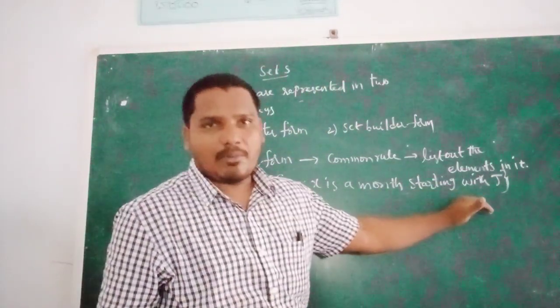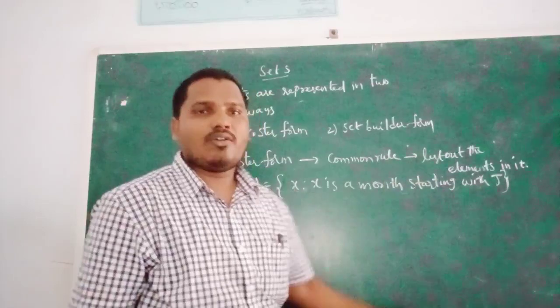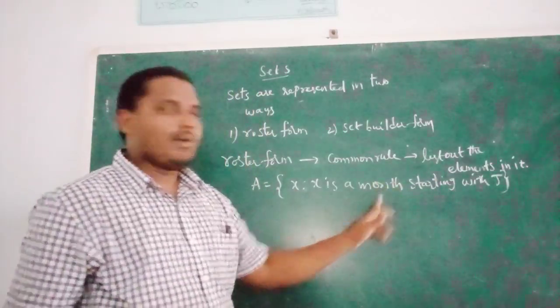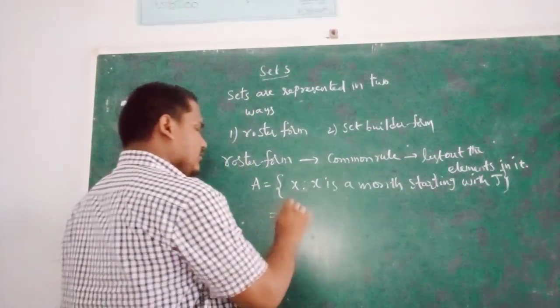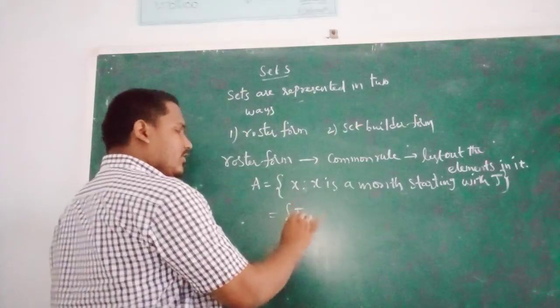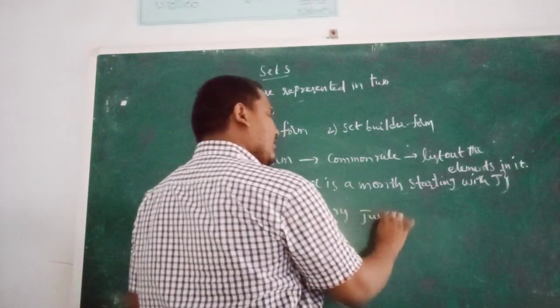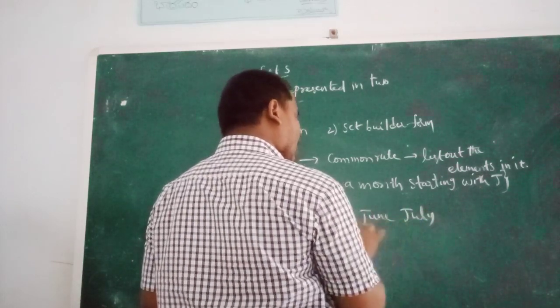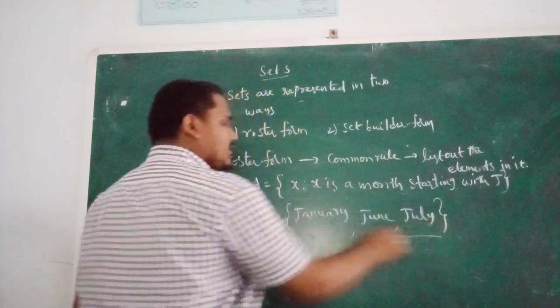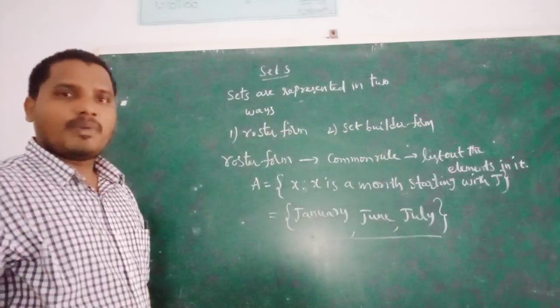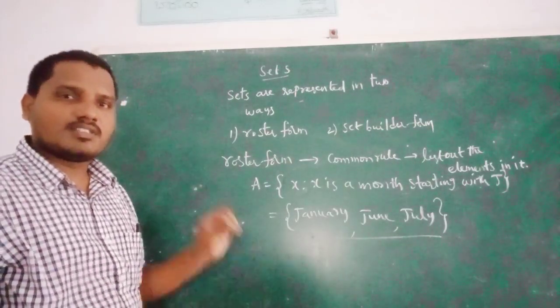In this common rule, we list out the elements: January, June, July. These are the months starting with J.